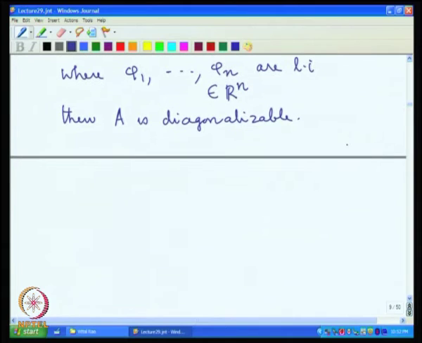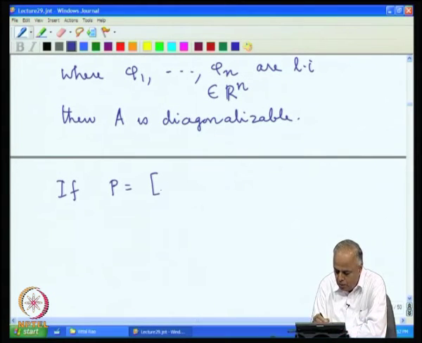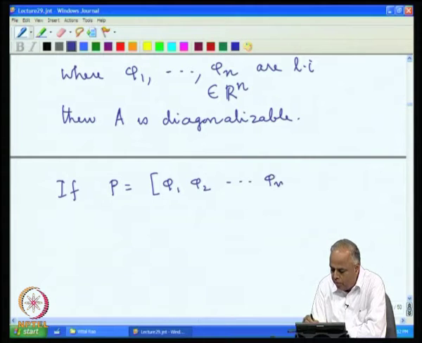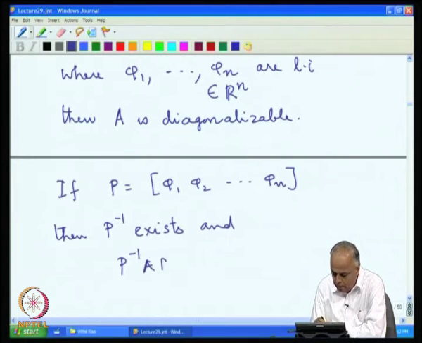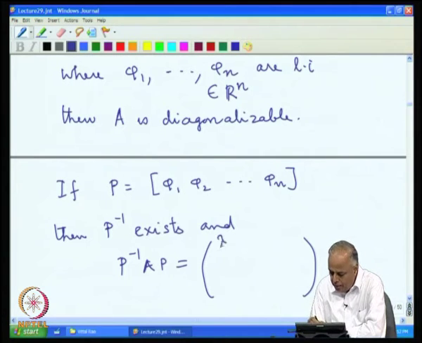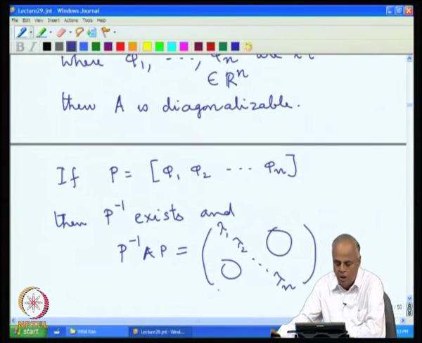And how do we diagonalize it? If we set the matrix P to be the matrix whose columns are these phi 1, phi 2, ..., phi n, then P inverse exists and P inverse A P will be the diagonal matrix which will have lambda 1, lambda 2, ..., lambda n along the diagonal entries.